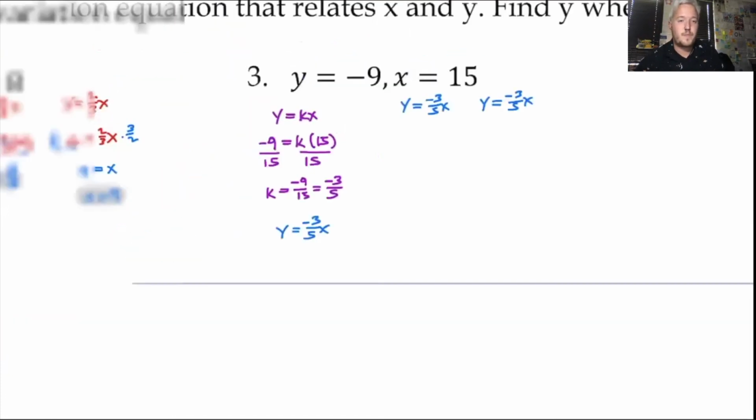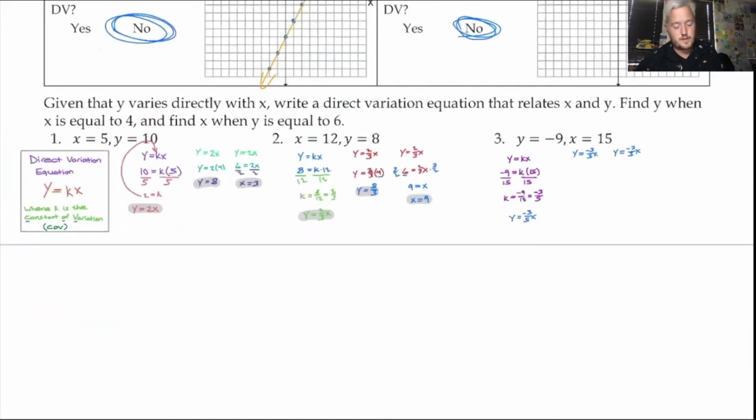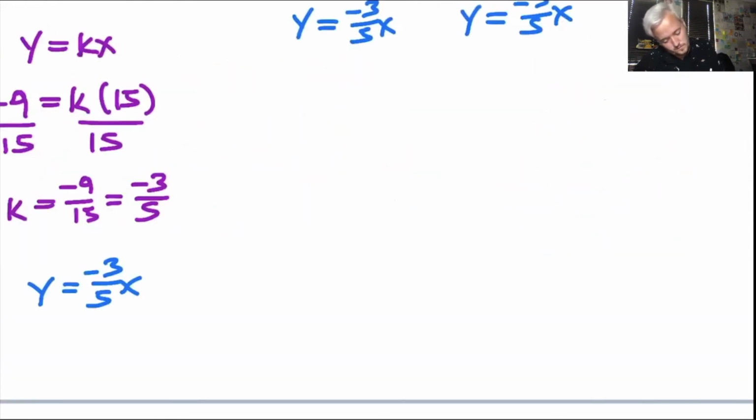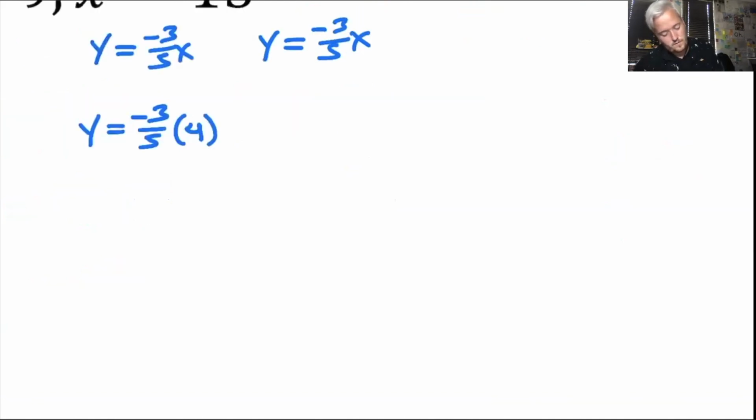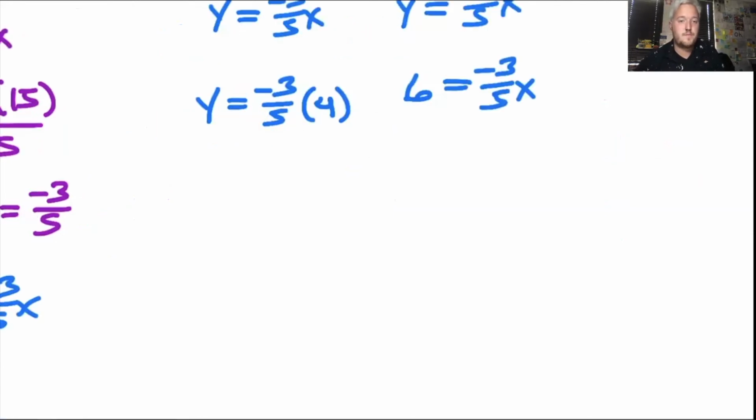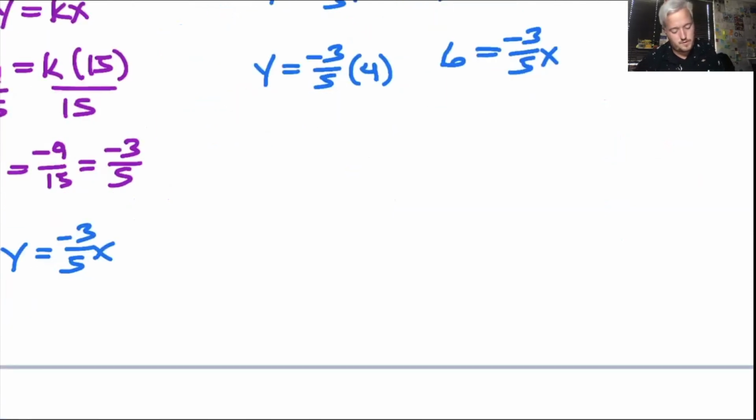So as before, find y when x is equal to 4, and find x when y is equal to 6. All right, so on the left side, I'm going to multiply -3 times 4. So this is going to be y equals -12 over 5.